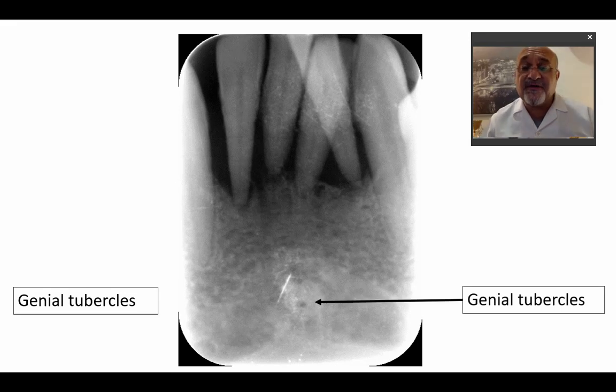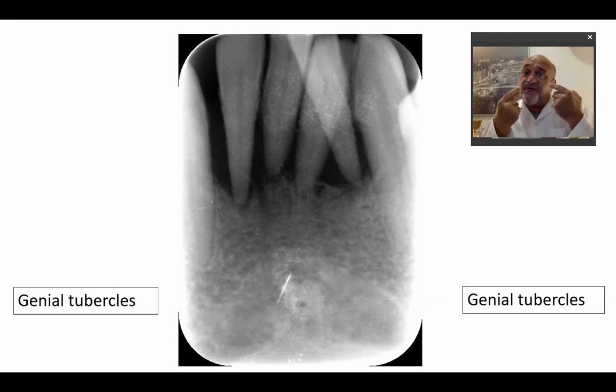And you will see, as I said, the extensions, the genial tubercles. The genial tubercles, interestingly, are two bony or sometimes four bony projections. They are present on the lingual side of the mandible. They extend posteriorly, in a posterior direction.